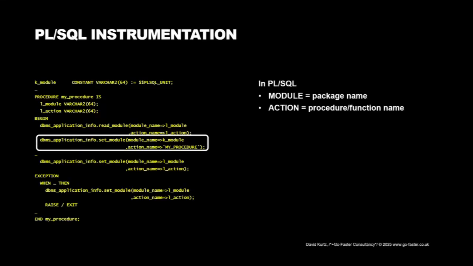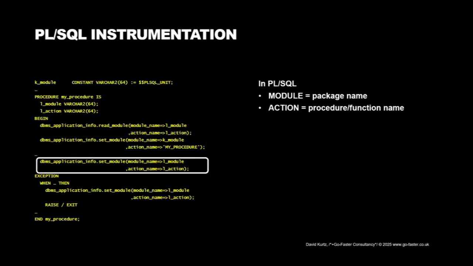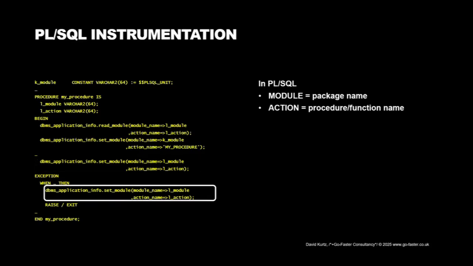As I go through the package, through the procedure at different points, I might set other values. I might not, it depends on what the code is. At the end, set it back to the value you saved off at the beginning. And similarly, at every exception and exit point do the same. So effectively, you've created a stack of modules and actions as you go through your code and you come back out.